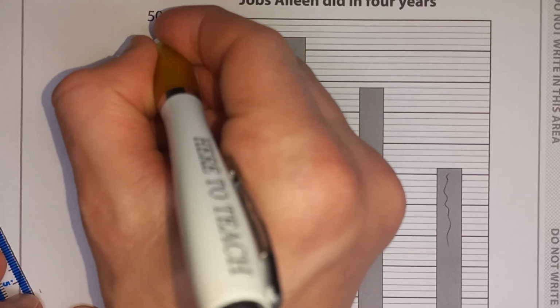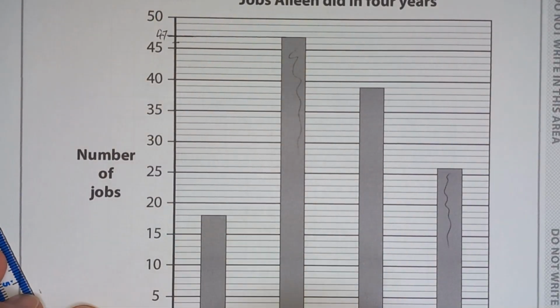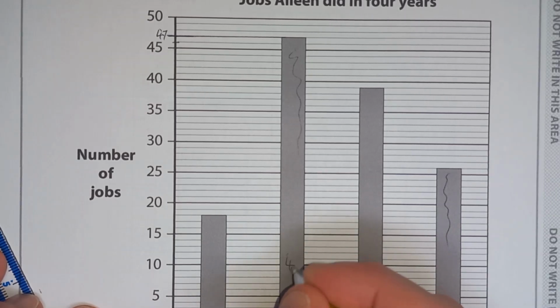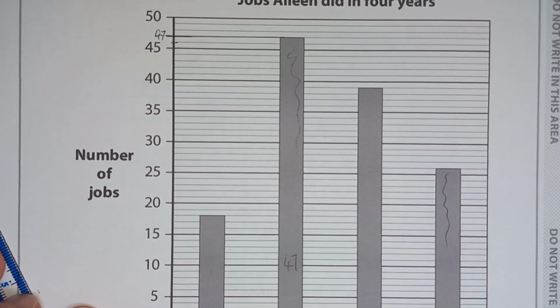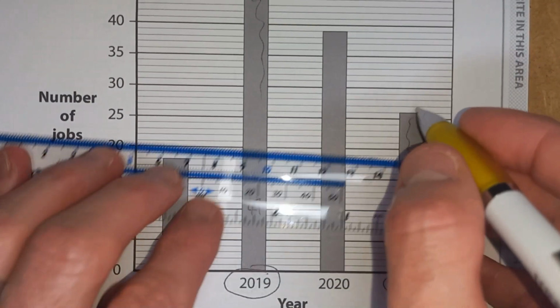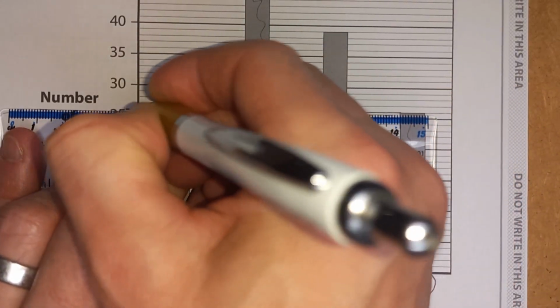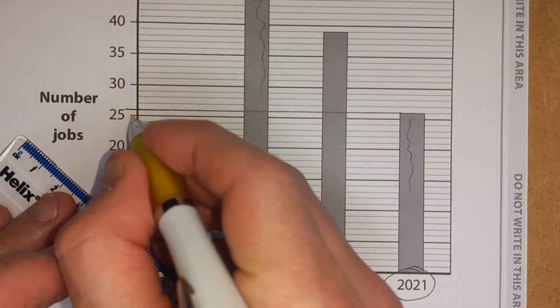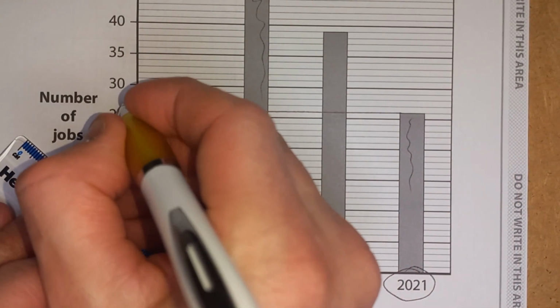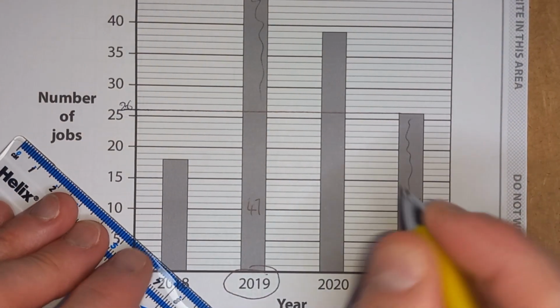That must be 47. Okay, so in fact, I'm going to write that on the bar. Now, for 2021, we're going to do something similar. We're going to go up to the top, draw a line across. So, well, this is 25 here. This is 1 up, so that would be 26. Then I can write it on the bar.